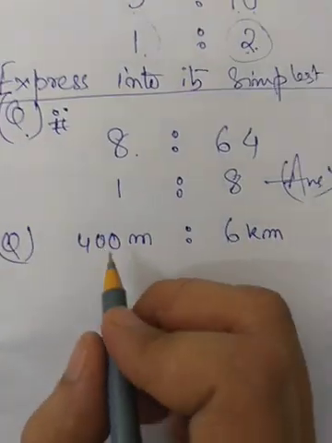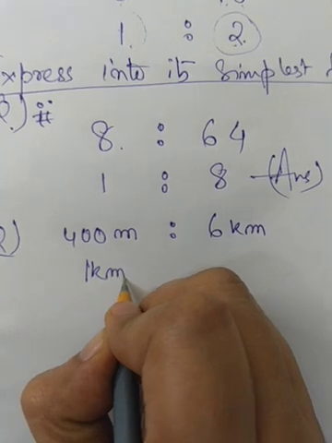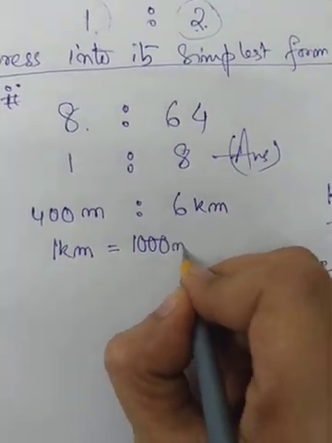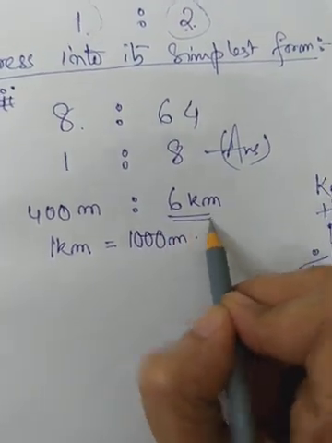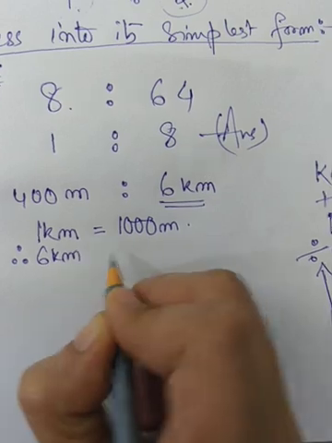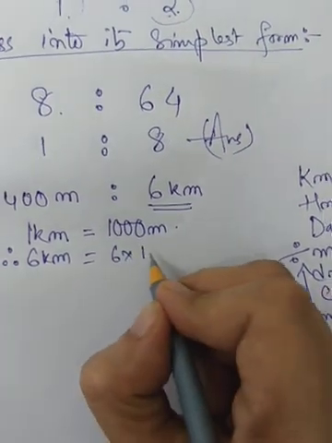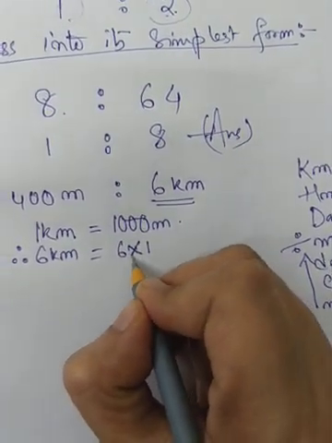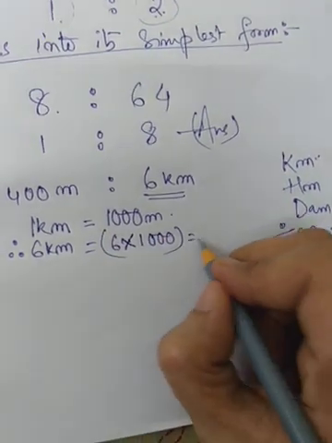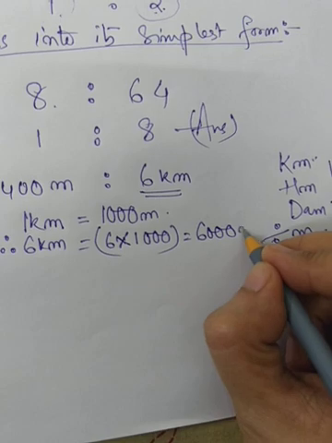So 1 kilometer is equal to 1000 meter. Therefore 6 kilometer will be 6 into 1000, or 6000 meter.